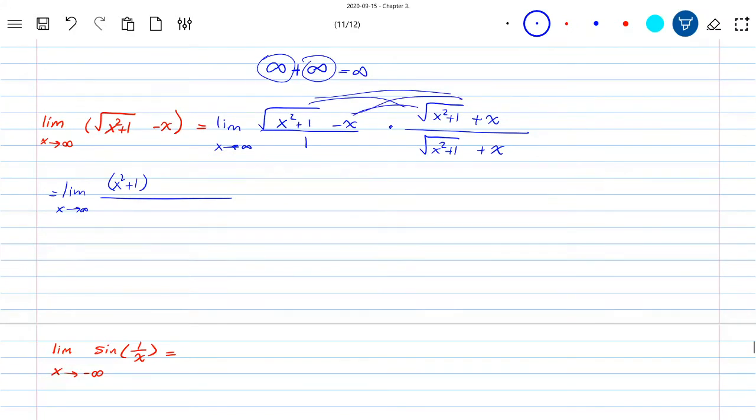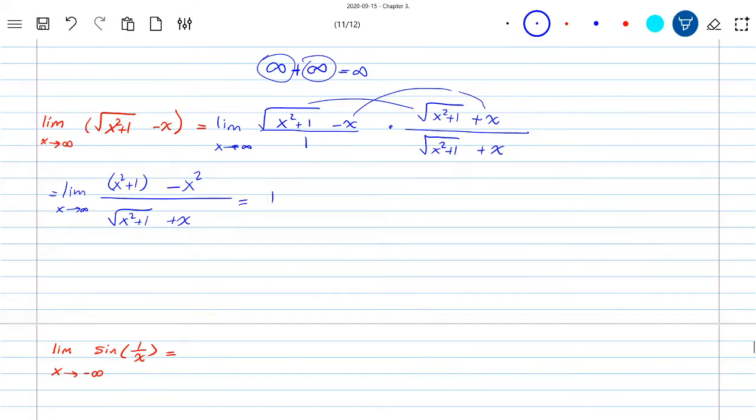These two multiply by each other and the other two multiply by each other, since they all cancel out the other two terms. So you get the square root of x squared plus 1 squared, which is simply x squared plus 1, and negative x times positive x is minus x squared. And the denominator, the square root of x squared plus 1 plus x.